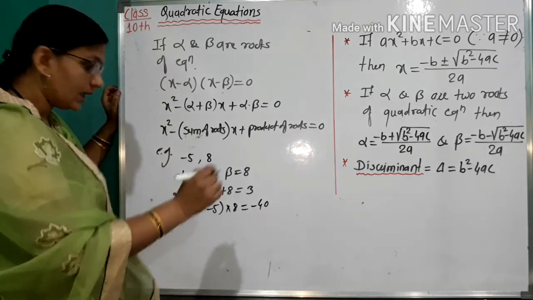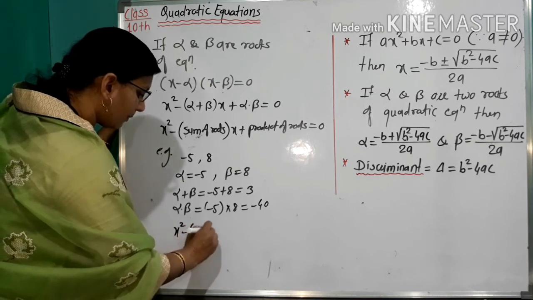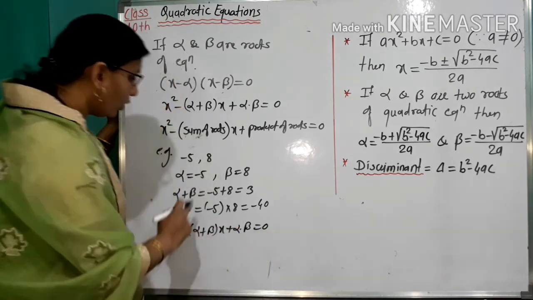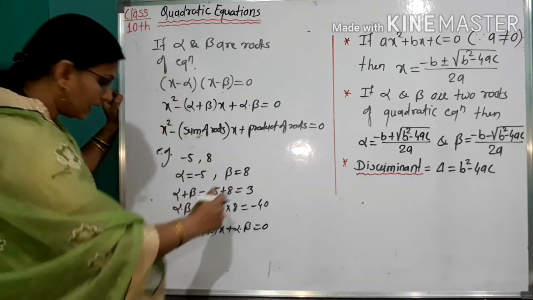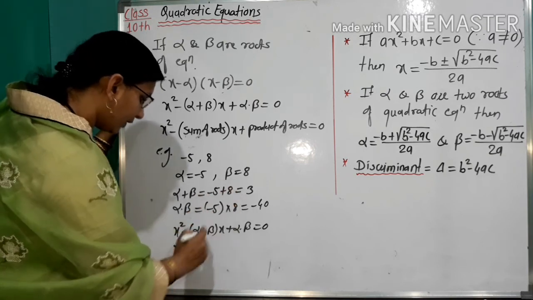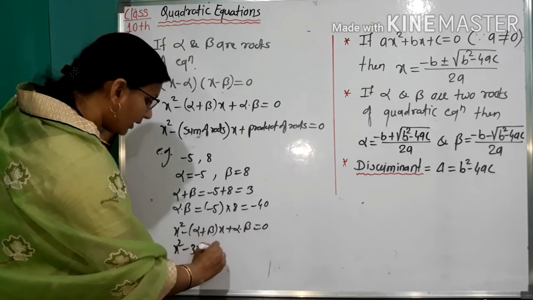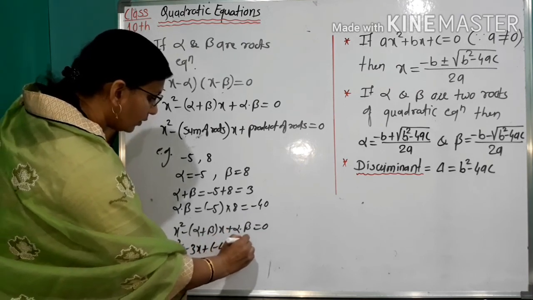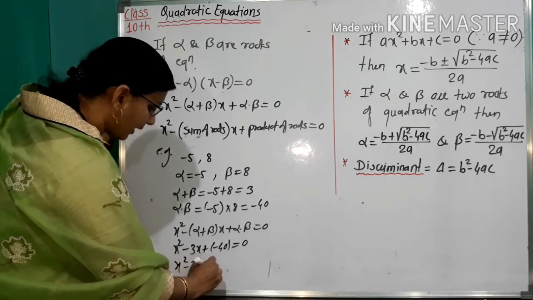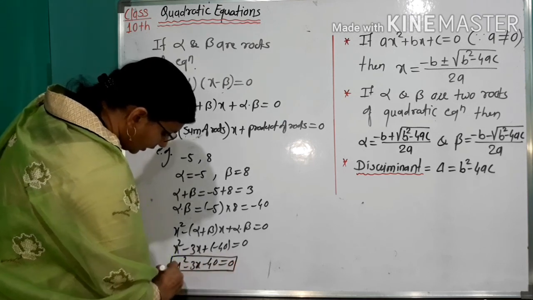Then the required equation is x square minus alpha plus beta x plus alpha into beta equal to 0. Put values of alpha plus beta and alpha into beta, that is x square minus 3x minus 40 equal to 0. This is the required equation.